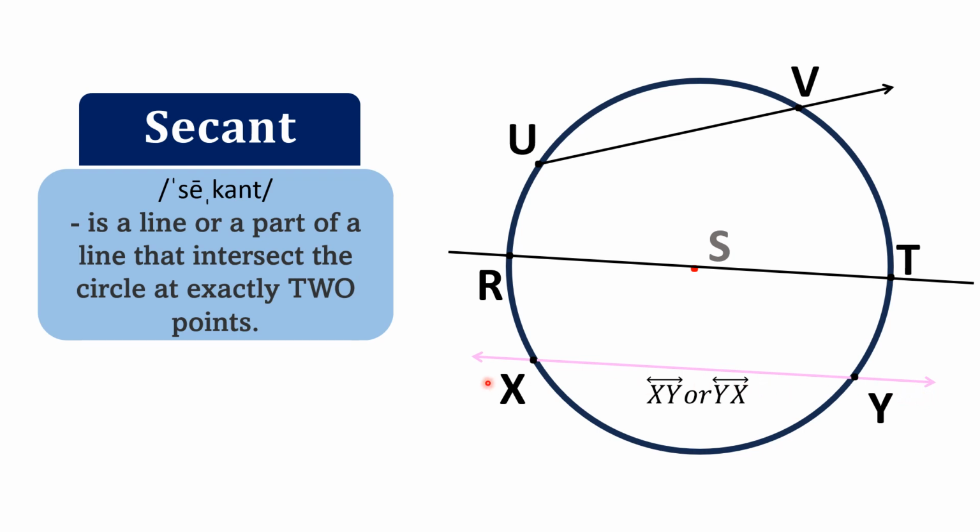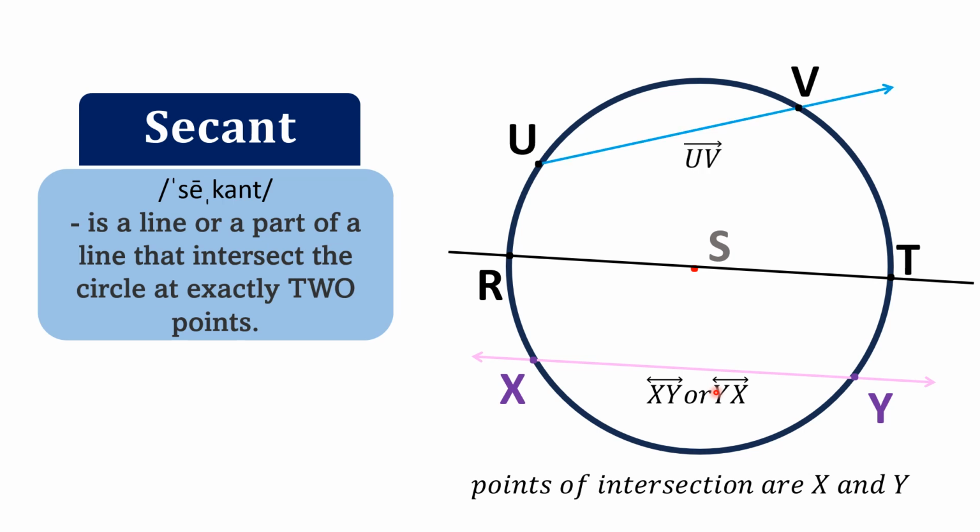The points of intersection of circle S and secant line XY or YX are point X and Y. The other secant is ray UV.